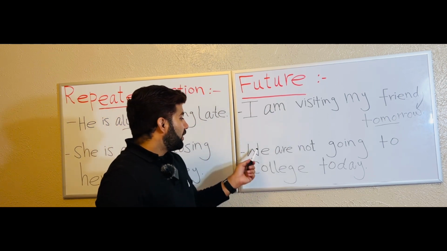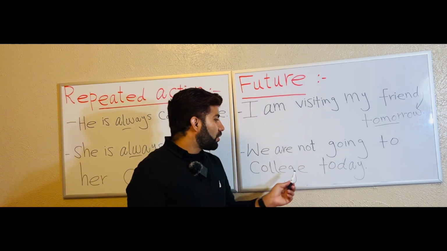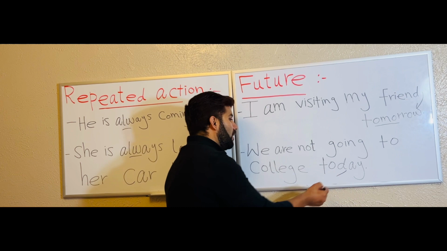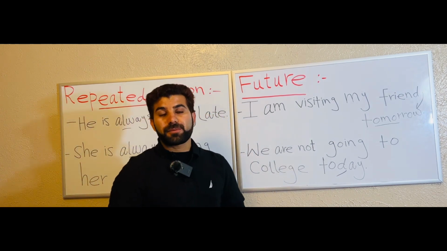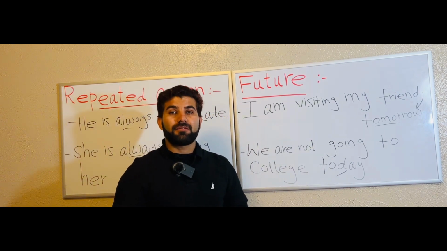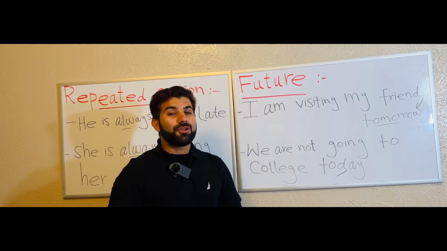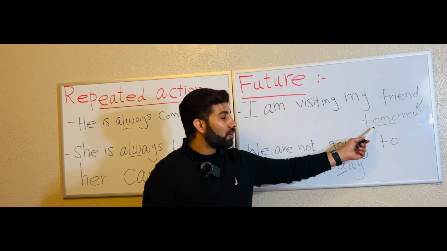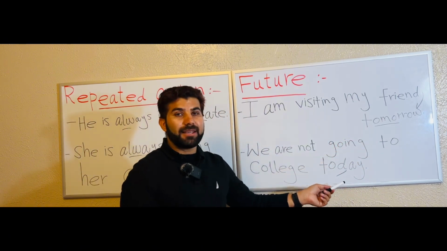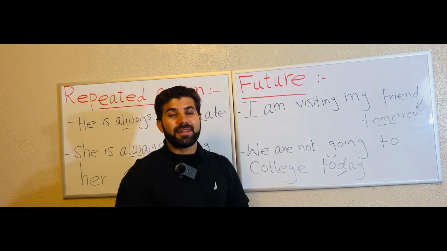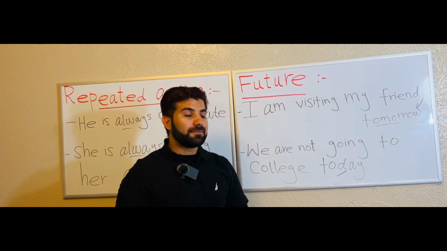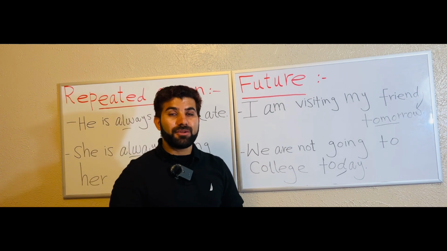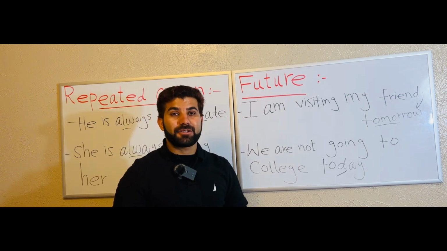Another example, we are not going to college today. If you want to use present continuous tense for future arrangement, you have to mention a period. For example, tomorrow, today, next week, next month, next year. So this was the future in present continuous tense.